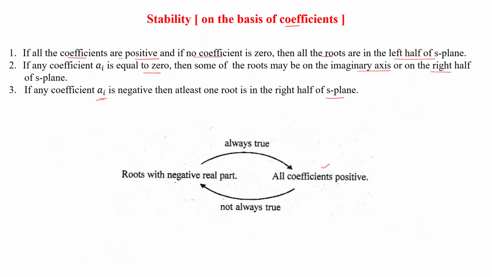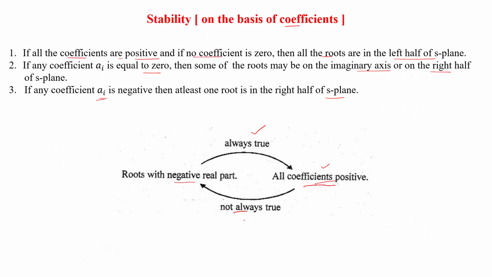The roots have a negative real part, so then all coefficients are positive. When all coefficients are positive and roots are in the negative real part, that is going to lie in the left side of the S-plane. So this condition is always true and the system will be stable. Whereas if all coefficients are positive, it is not sure that roots will have negative real parts.